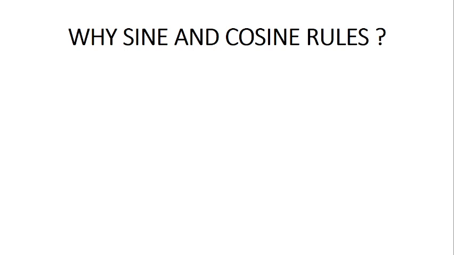One of them I've already told you: in solving bearing and distance, which we are going to do in the next video, you must understand sine rule and cosine rule, because when you interpret questions on bearing and distance, you get triangles, and some of them are not right angle triangles. So to resolve the angles and the sides of that triangle, you need to understand sine rule and cosine rule.